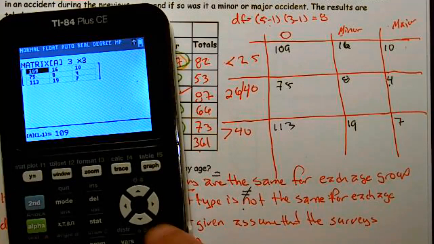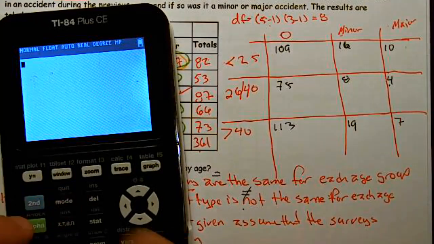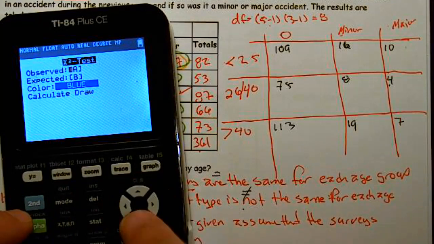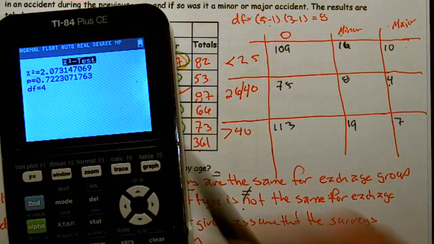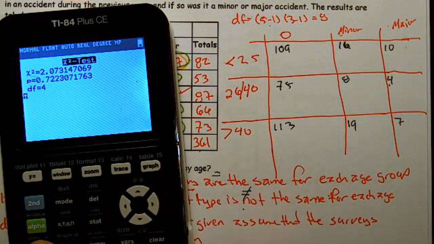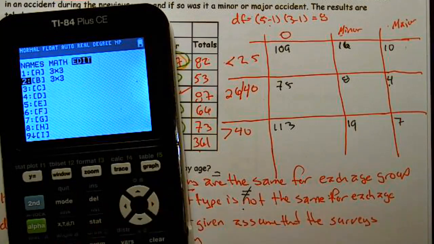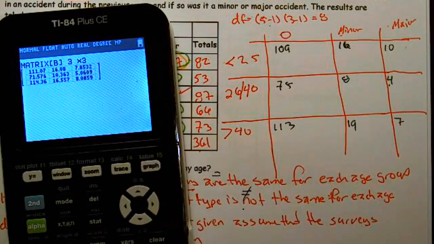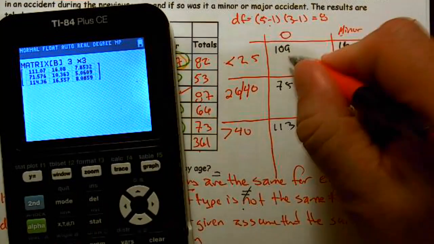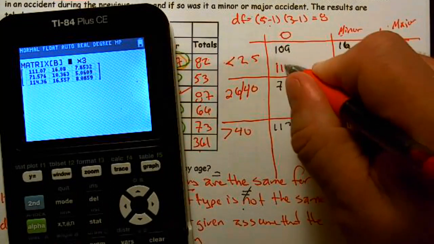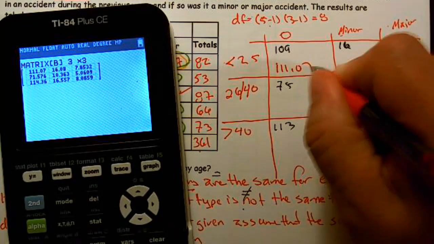So second, quit. And we're going to go stat test, chi-squared test. We calculate, and we're going to go second matrix, edit, drop down. And guess what? All my expected values, and I can go ahead and record them, are all greater than 5. This is 111.07.